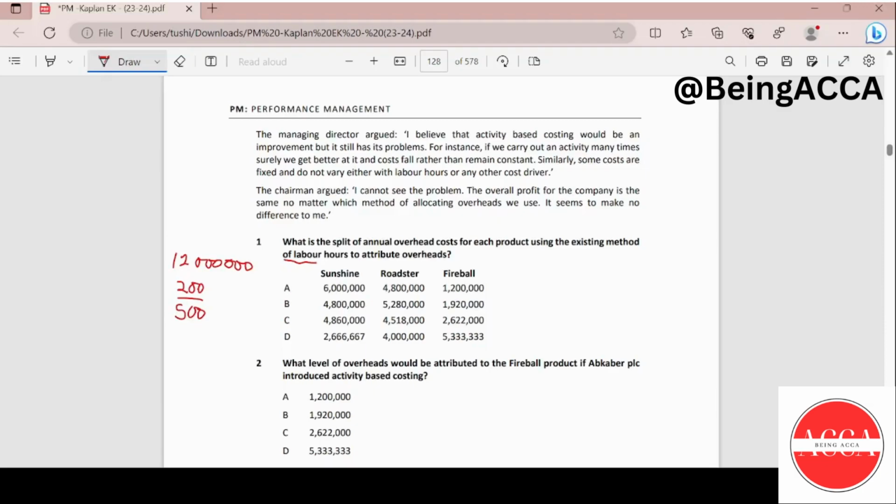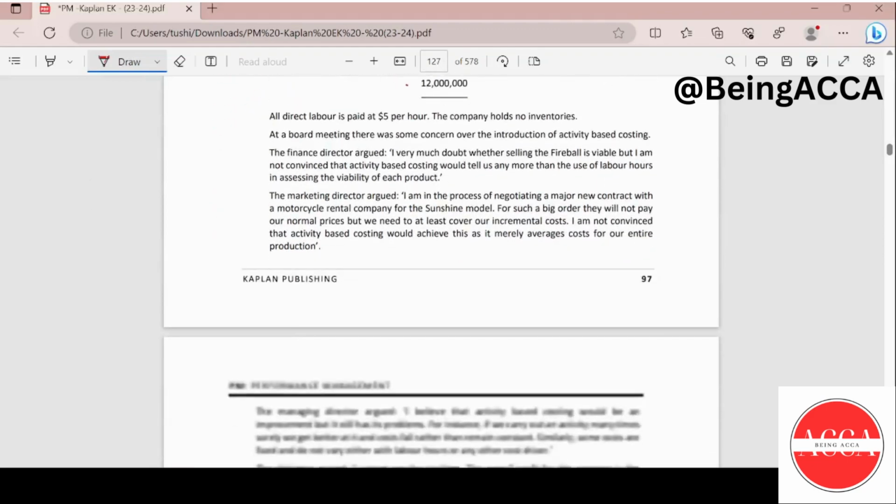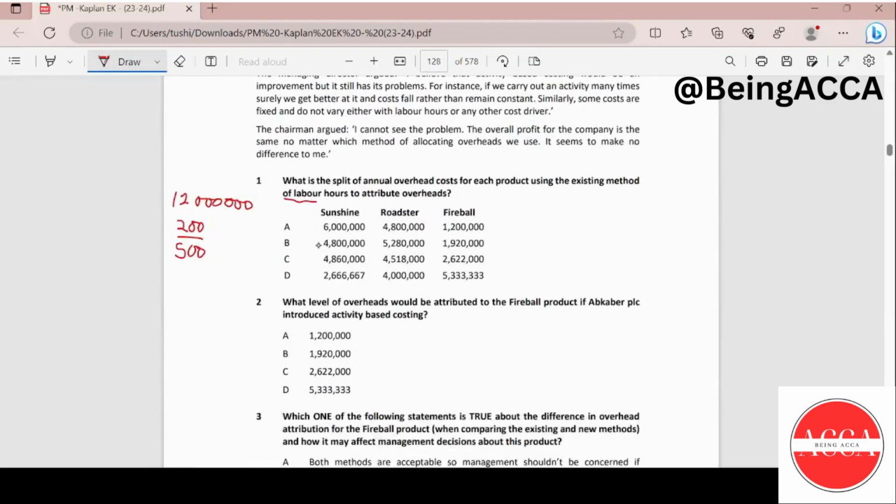For 200 by 500, I get my answer as 4,800. This is for Sunshine, the first value that I'm getting.